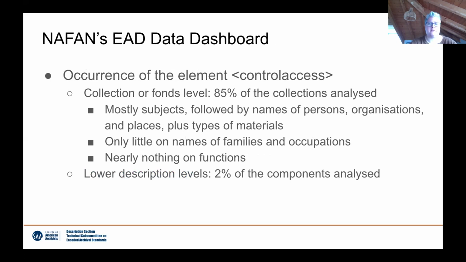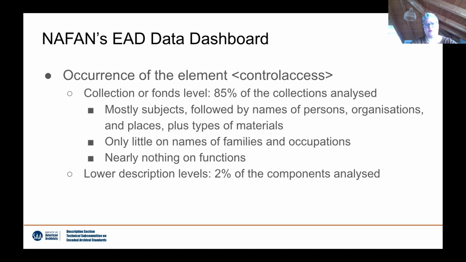So 85% of the collections analyzed had some variations of access points mentioned there, mostly subjects, followed by names of persons, organizations, and places. And then there also were some types of materials, while names of families or occupations were only mentioned little, and there was nearly nothing on functions.